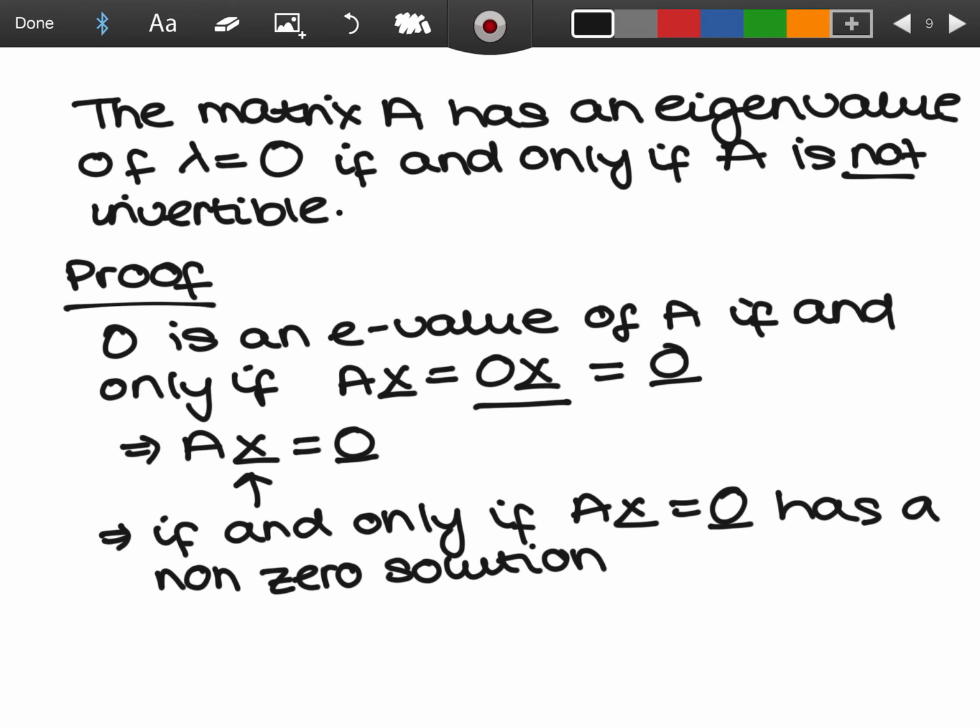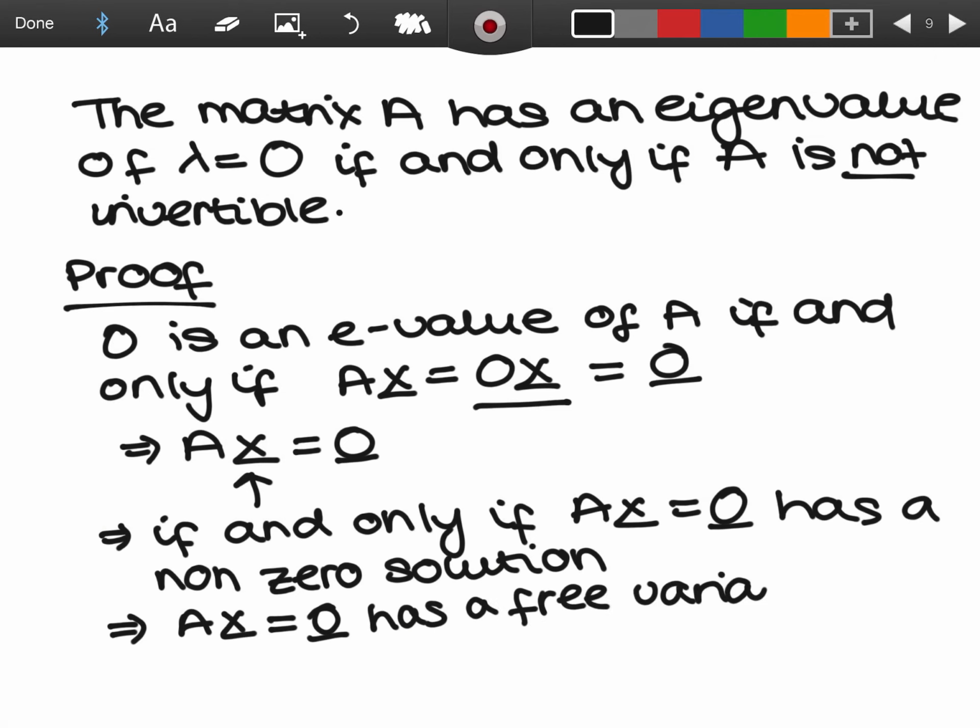So if I can find a non-trivial solution X such that A times X is equal to 0, well, that must mean that it has a free variable. Okay, if it's got a non-zero solution, then A times X is equal to 0 has a free variable. So there's going to be a free variable in that X vector.